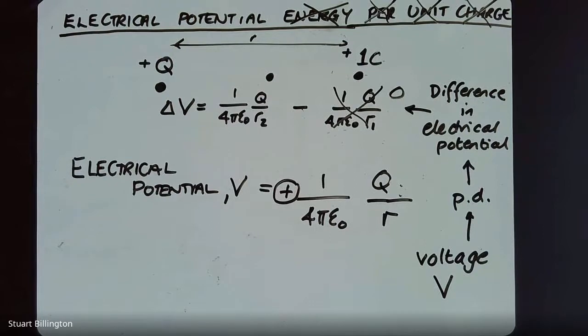I mentioned when we studied gravitational fields that 20 or so years ago, we took gravitational potential and electrical potential off the A-level specification because students got so muddled up between all of the similar definitions and the similar formulae. But it was put back on again about 4 years ago.